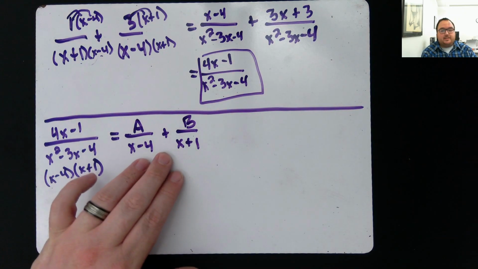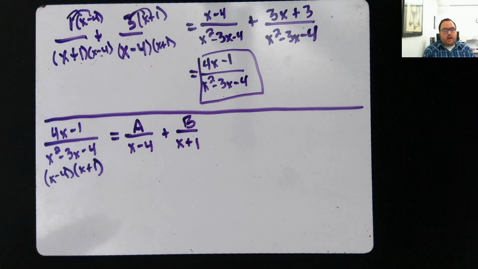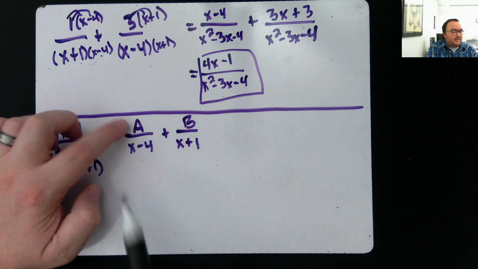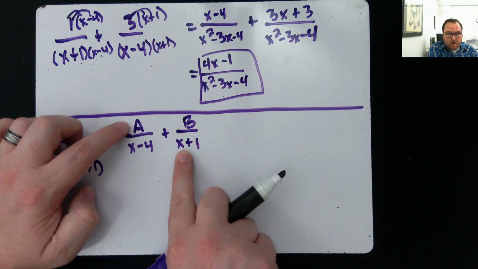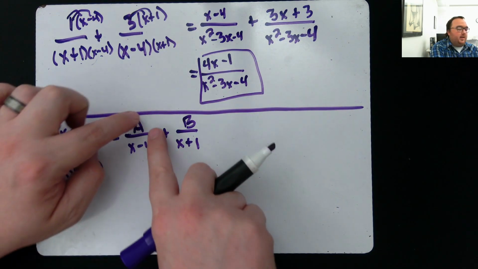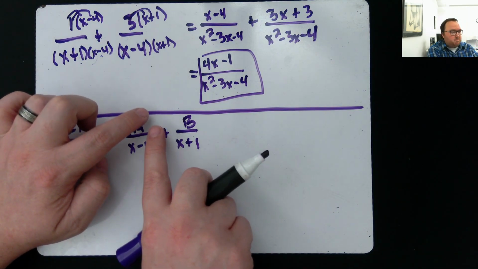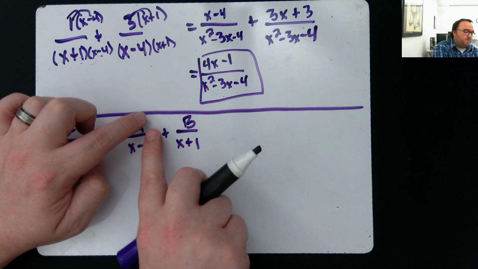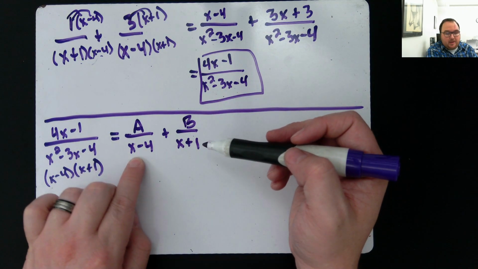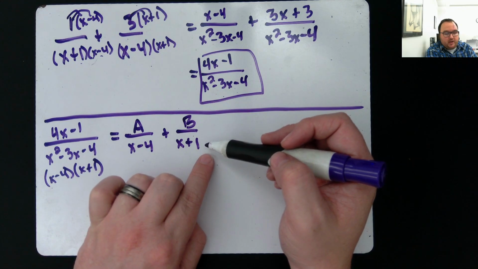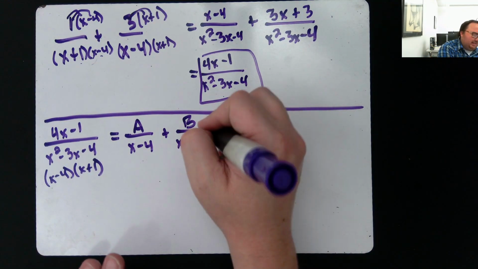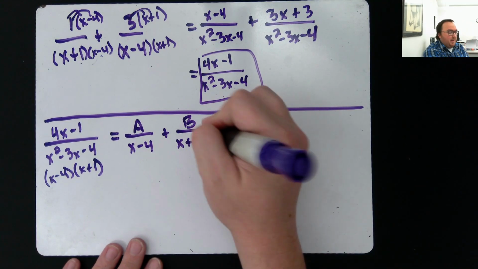So let's treat this as if I knew what they were. Well, just like I did up here, I would have had to multiply this a by x plus 1, because I would need a factor of x plus 1 up here. Same thing over here, I would have done b times x minus 4, because I would need an x minus 4 over here, so that they matched.